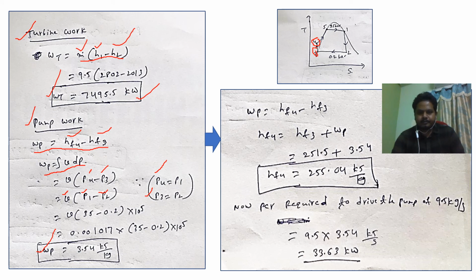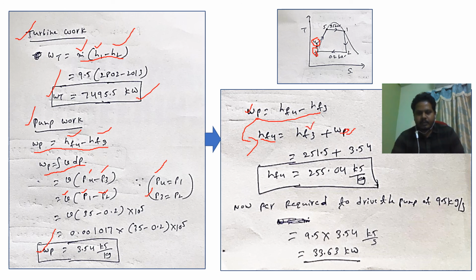Now we can also find this hf4 at point 4 from this equation. Work input to the pump equals hf4 minus hf3. So from this equation we can find the specific enthalpy of the fluid at point 4, that is hf3 plus the work input to the pump.